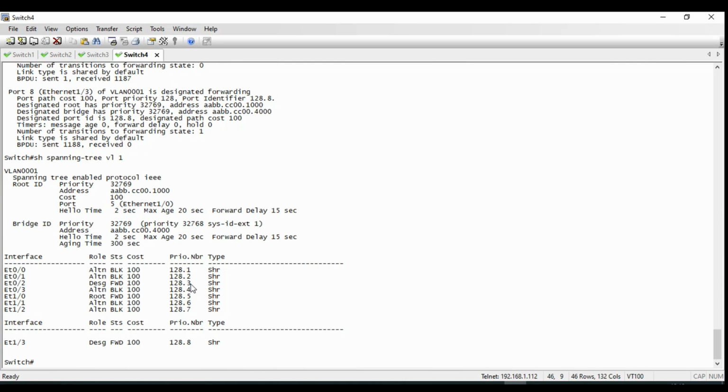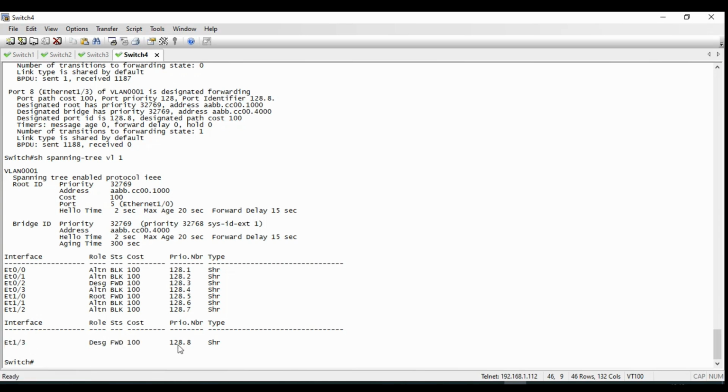Okay, so if you see this priority 128 is same for all the interfaces, but this 128.1, and here you see the port priority value is 128 and port identifier is 128.1. This means I'm talking about this interface.